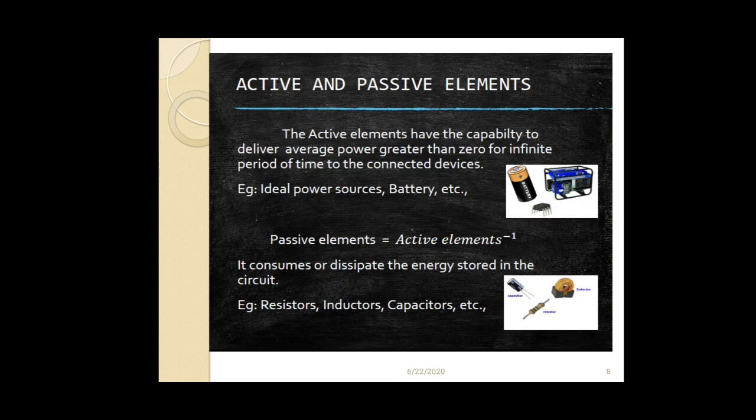The transistor, op-amps, and signal generator are also examples of active elements. Active elements means they produce gain, they produce energy. The energy sources may be voltage or current.